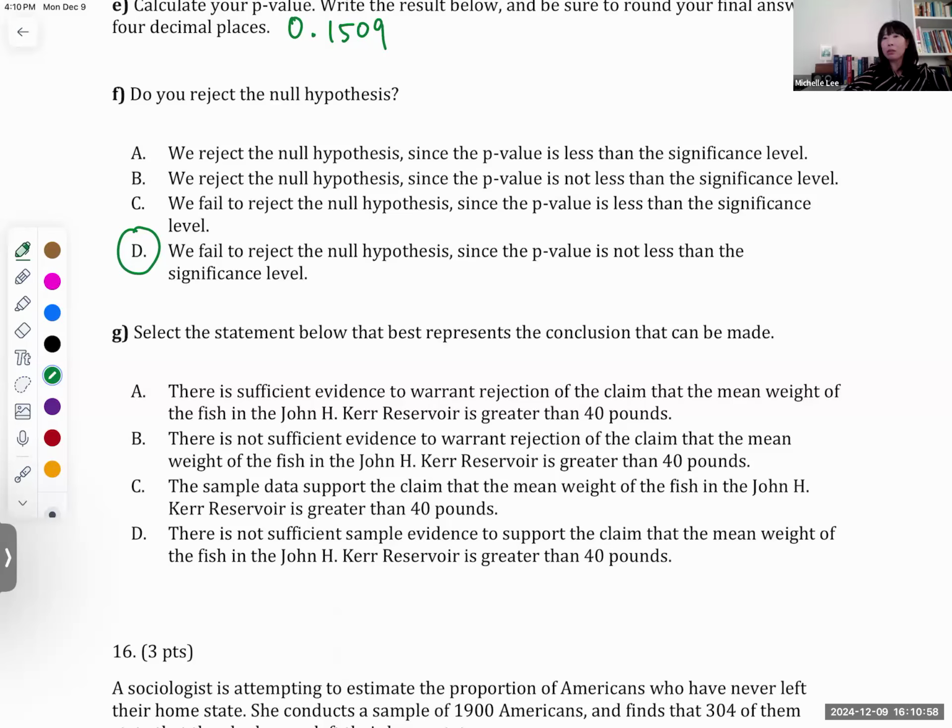Also D. There is not sufficient sample evidence to support that the mean weight of the fish in the reservoir is greater than 40 pounds. Okay, very good.